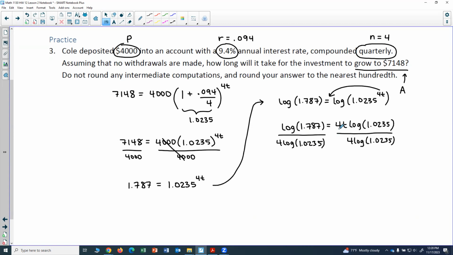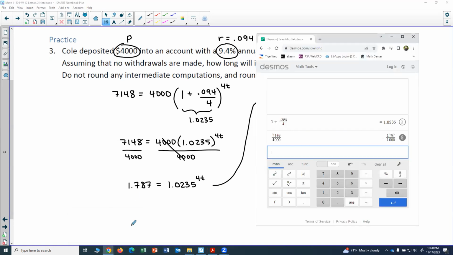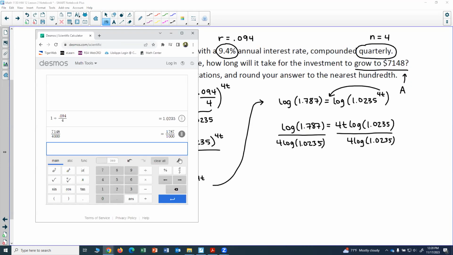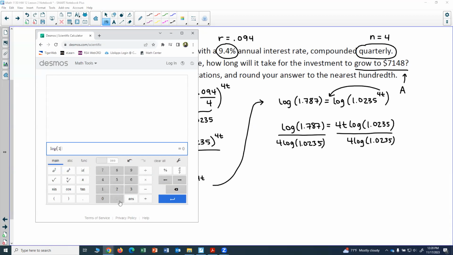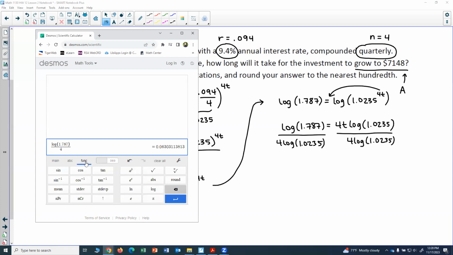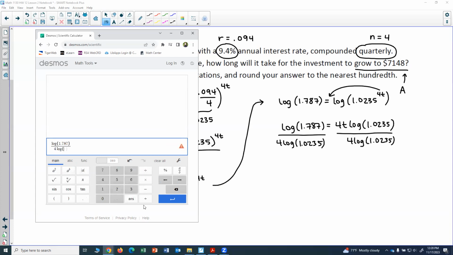All right, so t is by itself, and I can put that into my calculator now. So I have log of 1.787, close the parentheses, divided by 4 log of 1.0235.